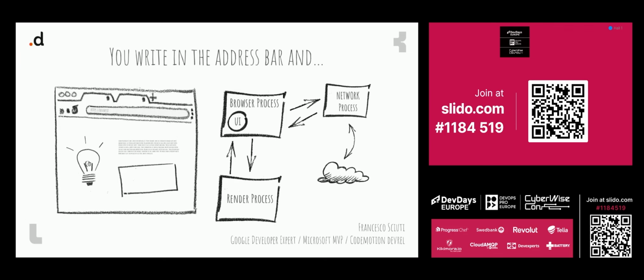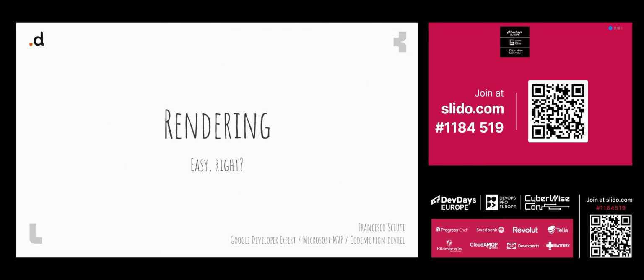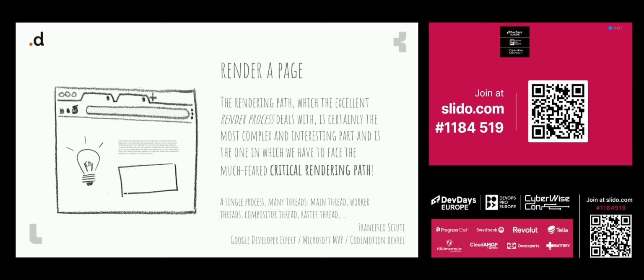And we can ask what happens inside the rendering process. Okay, easy. The rendering path is the most intricate but exciting part of our journey, and it is where we encounter the much feared critical rendering path.